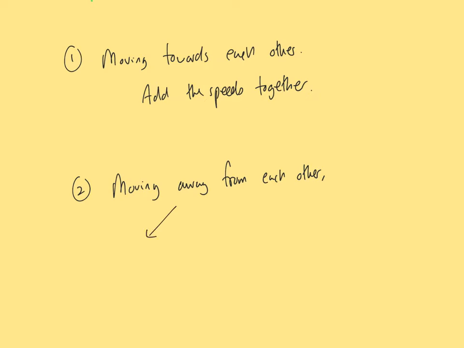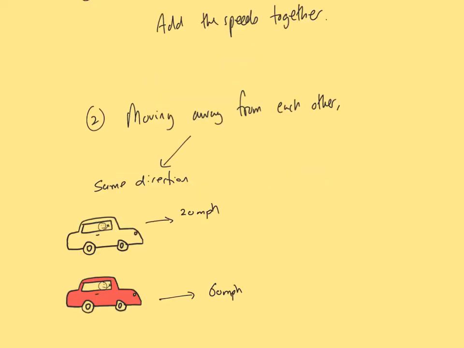So if they're moving away from each other and travelling in the same direction, in other words, we've got one car going faster than the other car, then what we would do here is work out the speed of the red car relative to the plain car.